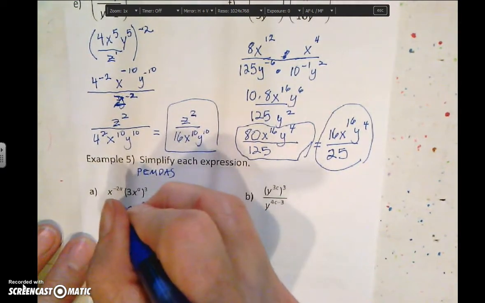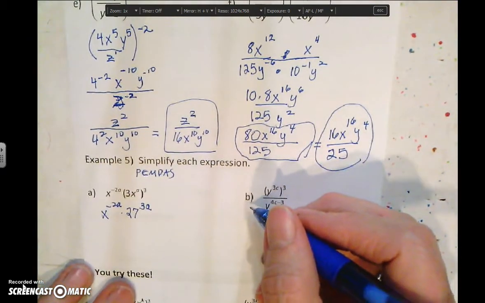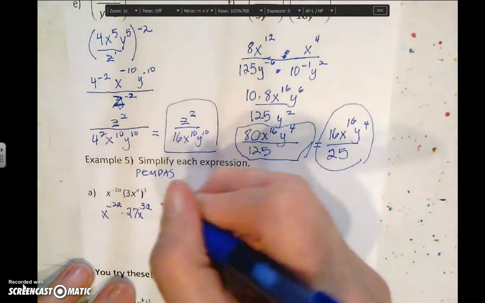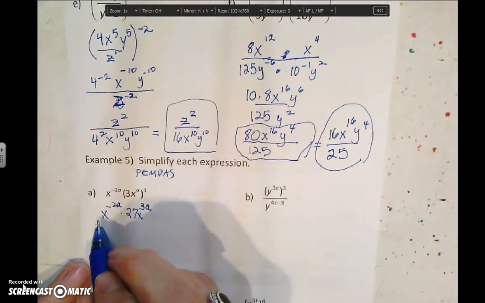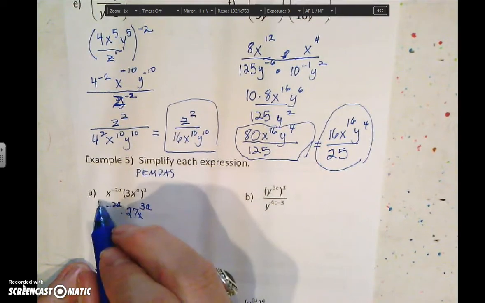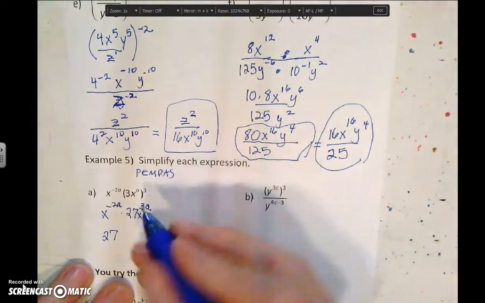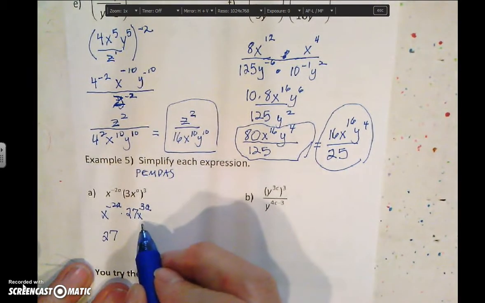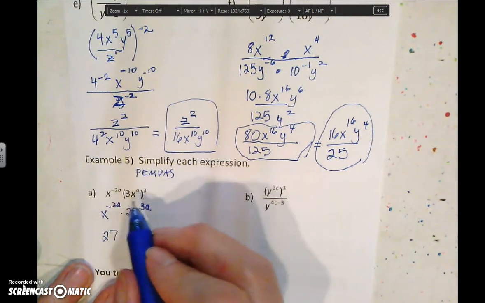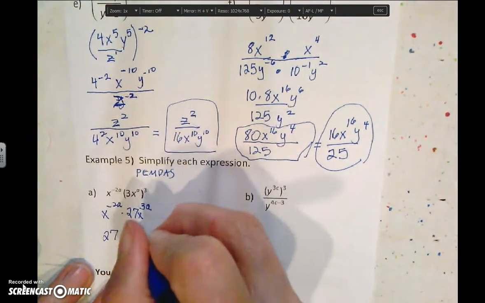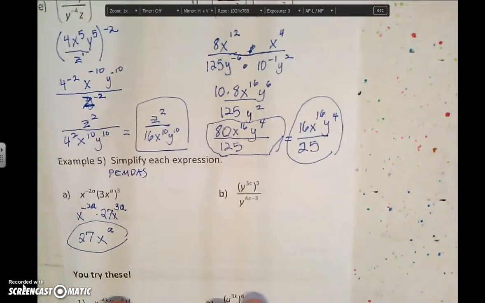So I have x to the negative 2a times 27. Oh, I left out my x to the 3a. So now I'm going to multiply. Coefficients 1 times 27 is 27. And when I multiply my bases of x, I'm going to add the exponents. So negative 2a plus 3a is going to give me a, and that's it.